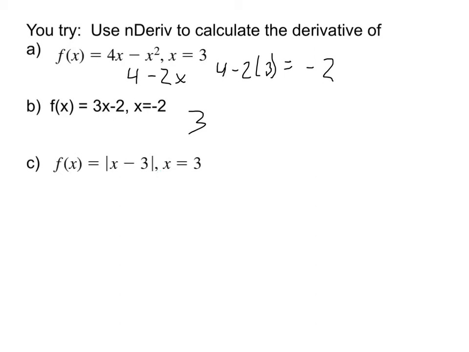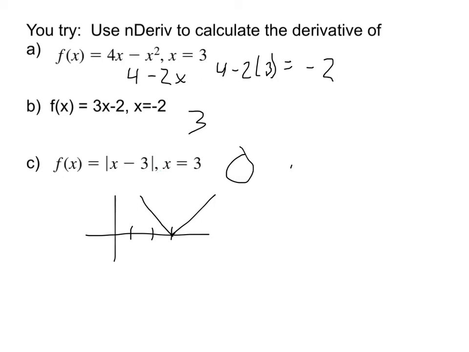For the third one, your calculator probably gave you the derivative of f of x, the absolute value of the quantity x minus 3, to be 0. But if you think of what we already defined, absolute value, this function, if you were to graph it, has a pointy place at 3.